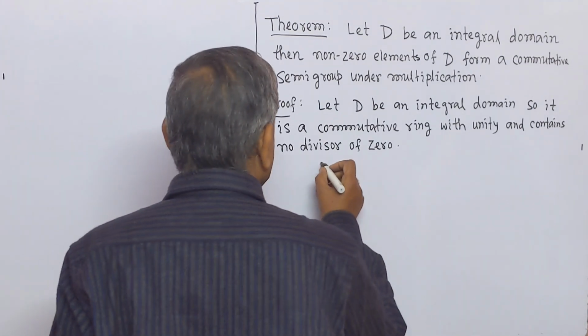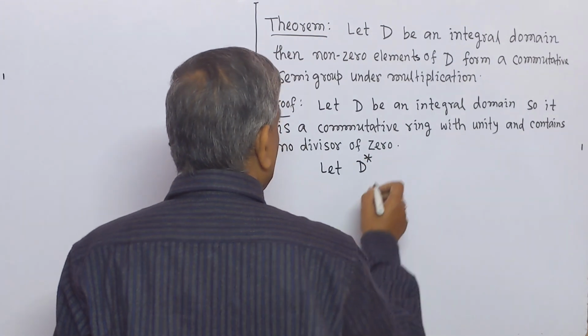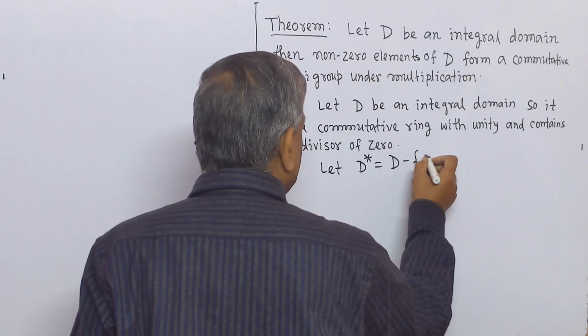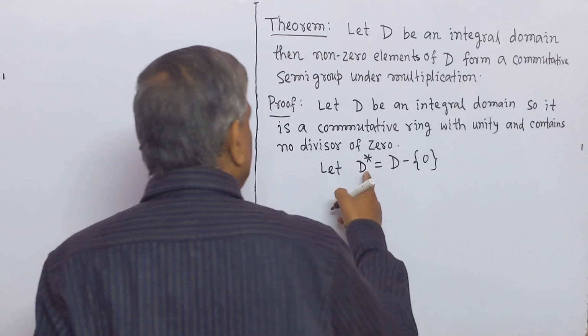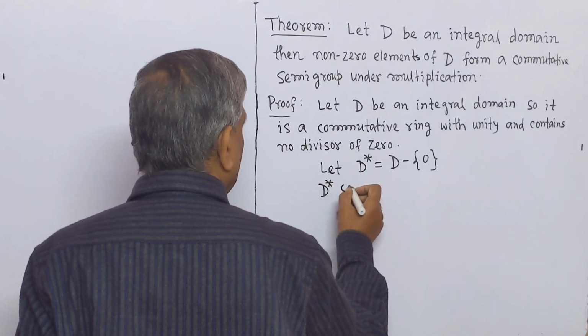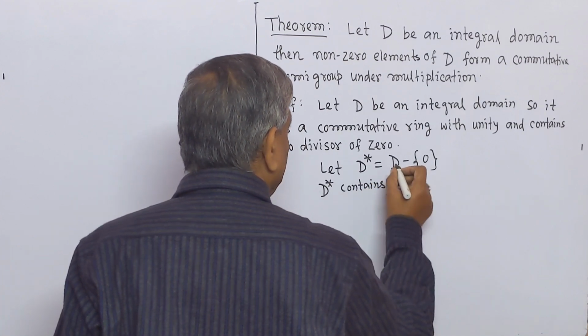Let D star equal D minus the set containing the 0 element. Therefore, D star contains the non-zero elements of D.